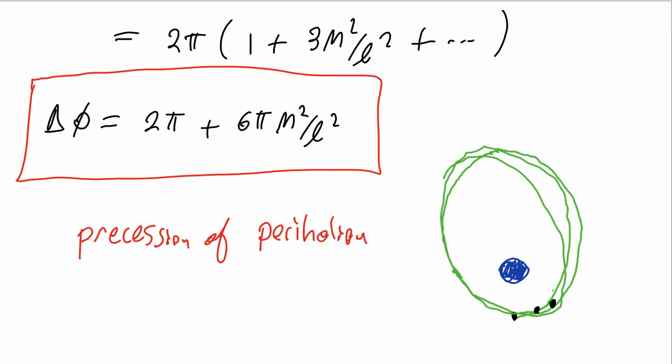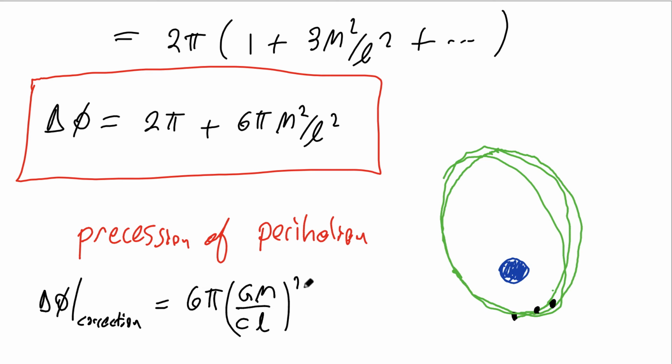So this correction term, let's call it delta phi correction, the general relativistic correction. And by the way, if we put back in the factors of G and c, this is GM over cL, quantity squared. How big is this?